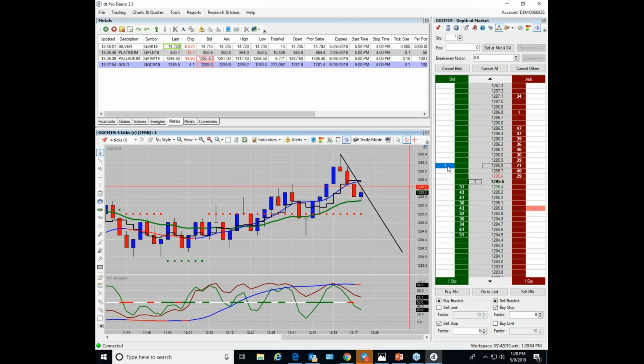This is how he's being proactive. So why is he doing that? Two reasons. He knows it'll be above the trend line if it qualifies. And number two, for whatever reason this thing takes off, it's going to take him with it. He's going to go with the trade. So that's why he's doing that.